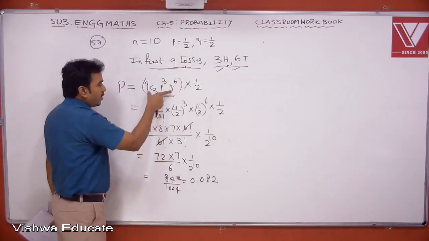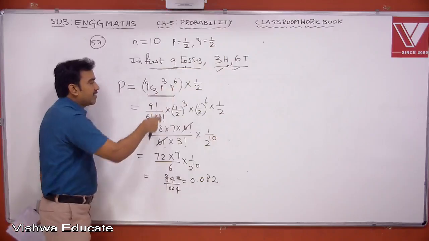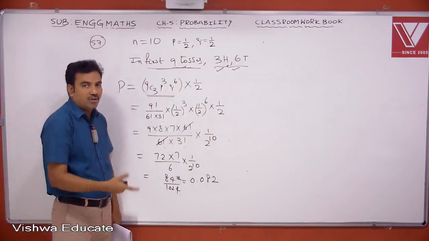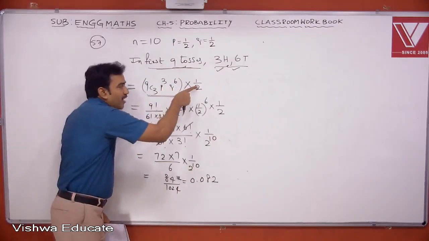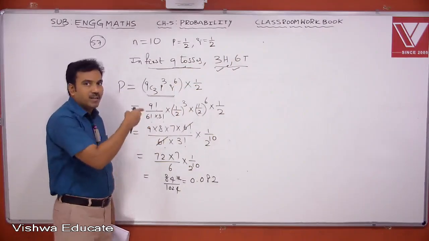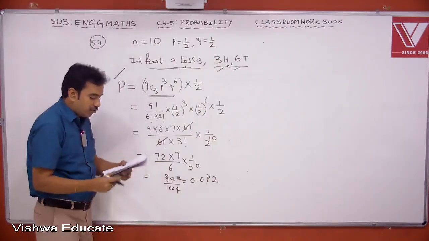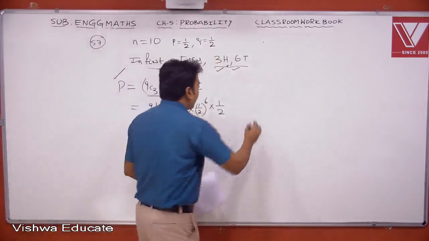This gives the probability of getting 3 heads and 6 tails when a coin is tossed 9 times, and the fourth head occurs in the 10th toss. So the probability of getting a single head is 1 by 2. So this is my required probability. I will get 0.082. So it is option number C.